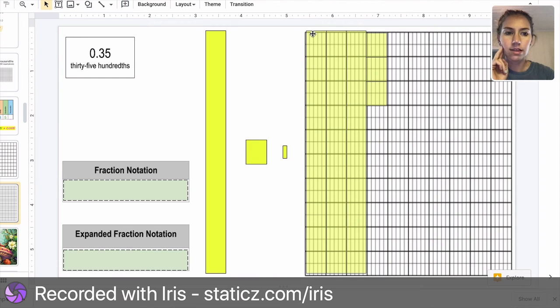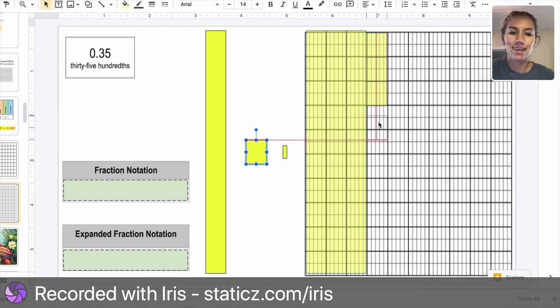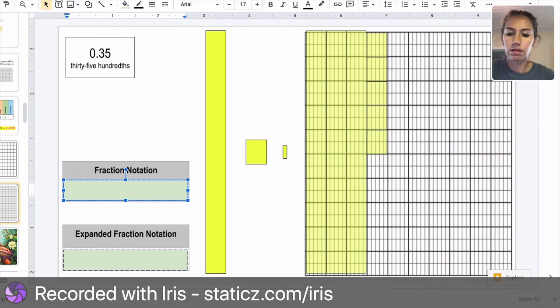So I know that if there's 1,000, it's going to be 100, 200, 300. And then these have 10 in each block. So it's 310, 320, 330. Oops, I forgot to. 340, 350. So that's equal to 350 thousandths.